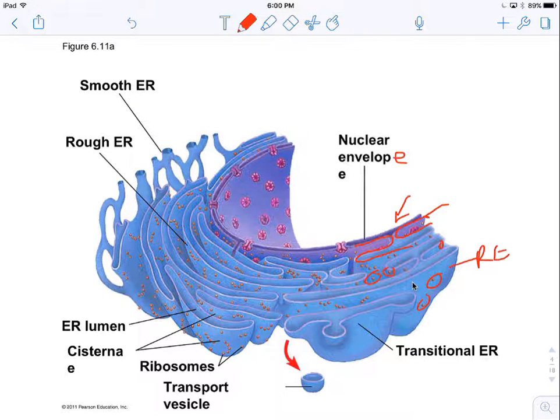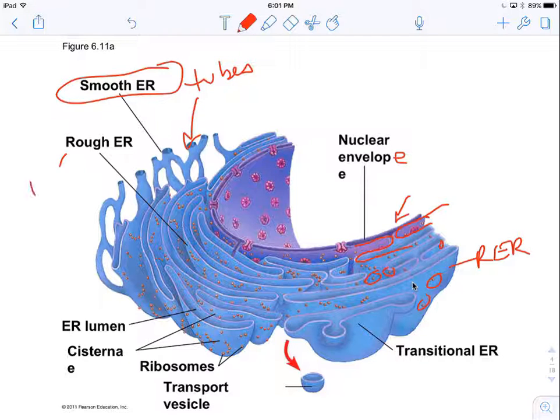That's my rough ER. And out here you have endoplasmic reticulum with no ribosomes. That's the smooth ER. The rough ER is more like flattened sacs, like pancakes, and the smooth ER is more like tubes.